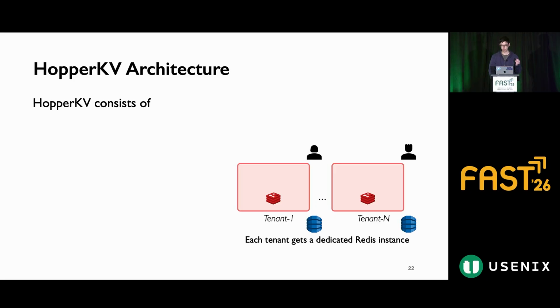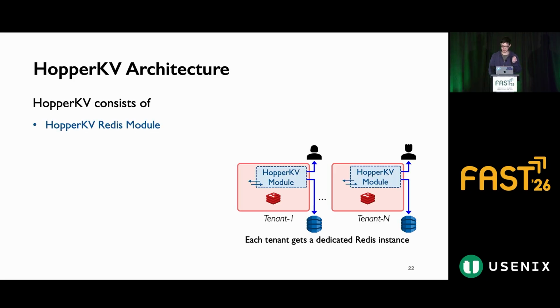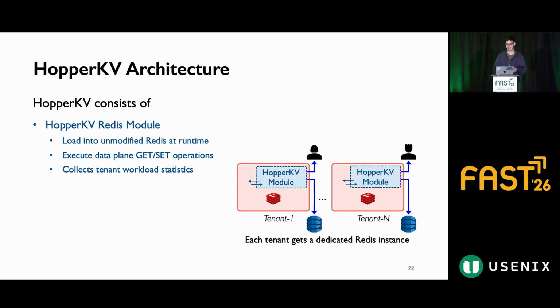So HopperKV will introduce a Redis module, which is a piece of DSO binary file that you can load into an unmodified Redis instance. Yes, you can still use apt to download your favorite Redis version without recompiling Redis yourself. Then this Redis module will handle the data plane get and set, and meanwhile it will collect the tenant's workload statistics.